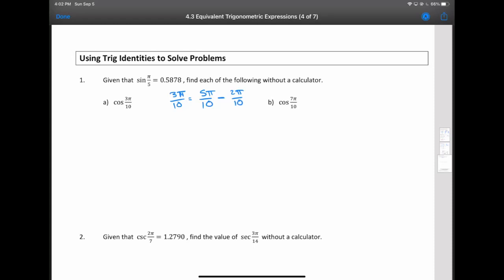Okay, so at this point I realize it may be a little tricky to figure out how I figured that out, and honestly in my head it was a little bit of trial and error. But do we agree that it's true that 3 pi over 10 equals 5 pi over 10 minus 2 pi over 10? And hopefully you do believe that that is true. And I can put those two fractions into lowest terms, and that is pi over 2 minus pi over 5.